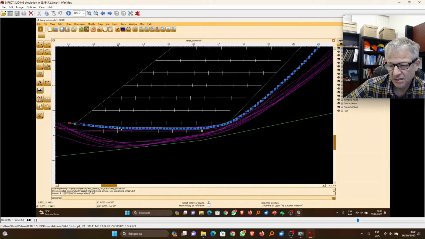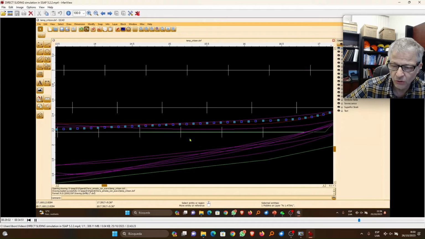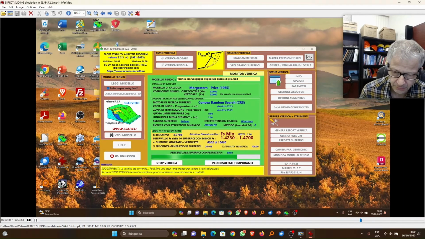Even if some surfaces exist that can follow the interface more or less, they do not follow it as well as the random search should do. We arrive at the end of establishing the maximum number of surfaces generated.